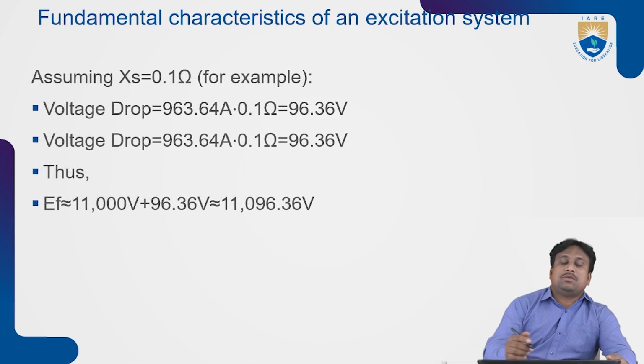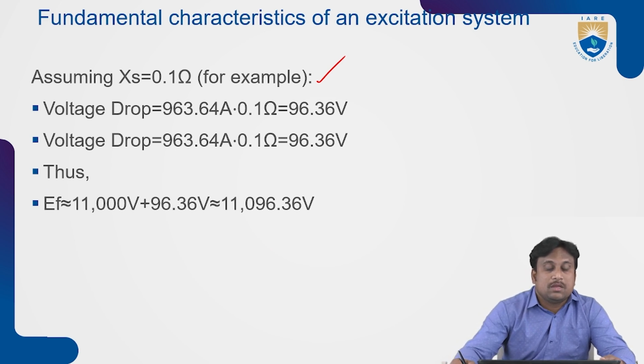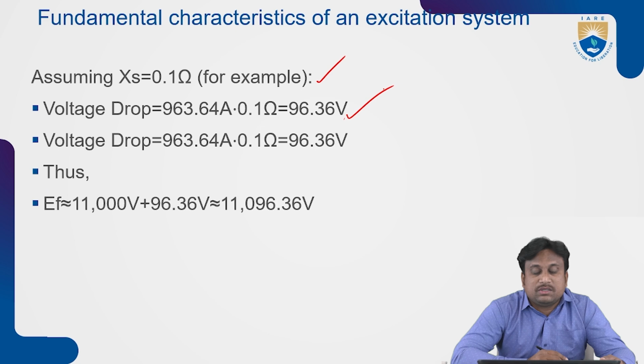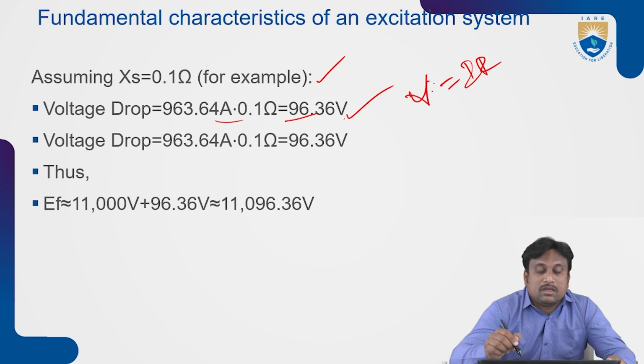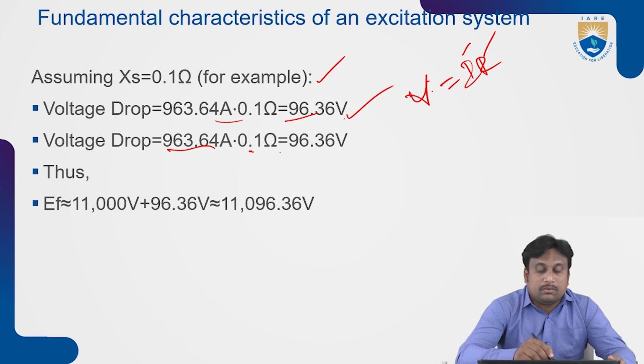Here we should assume that the synchronous reactance is 0.1 ohms, then the voltage drop with 963.64 amps at 0.1 ohms is 96.36 volts. That is the voltage drop, treated with the current times the resistance, as V equals I into R. So I and R must be multiplied: 963.64 into 0.1 ohm.